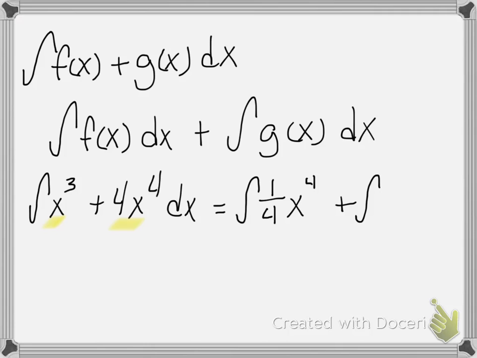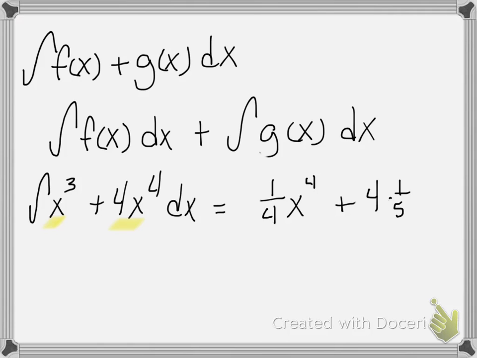you can pull your 4 out front, or just keep in mind whenever you have 1 over n plus something, you're going to be multiplying that by 4. But that's going to be plus 4 times 1 over our n plus 1.